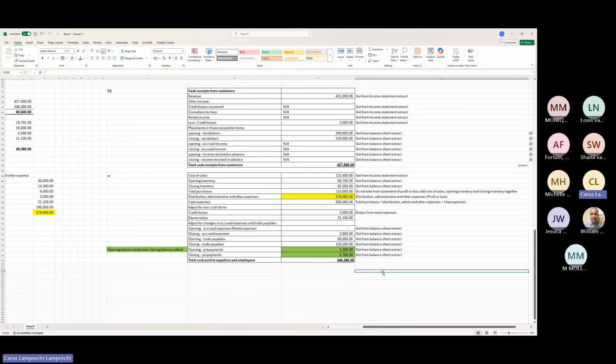Okay, cool. To get your total cash paid to suppliers and employees, I'm actually going to write the formula.